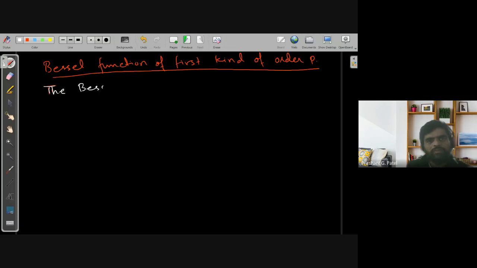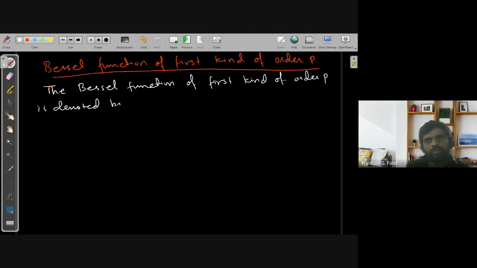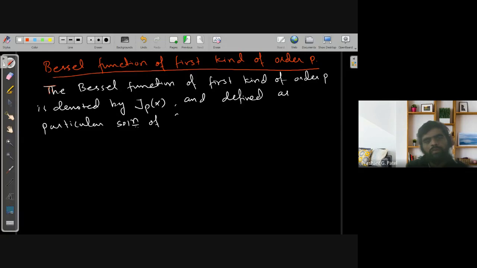Bessel's function of first kind of order P is denoted by Jp of x and defined as a particular solution of Bessel's equation.